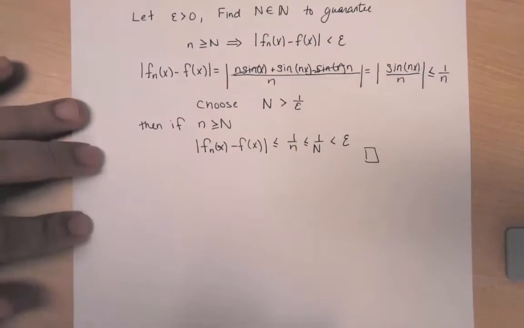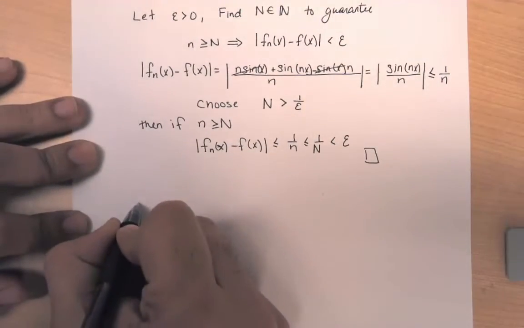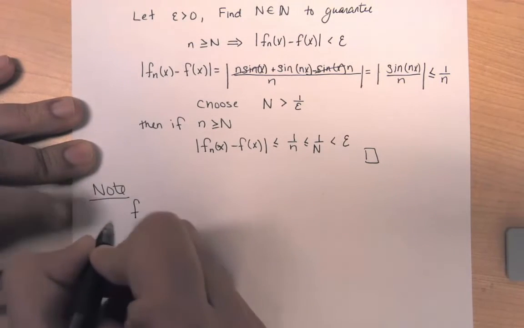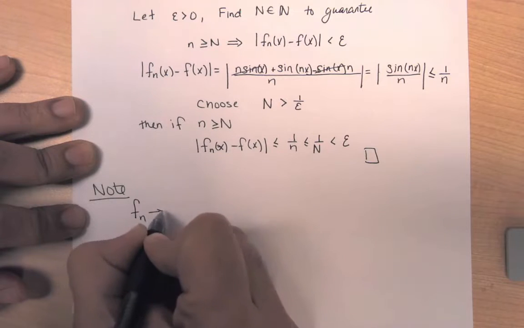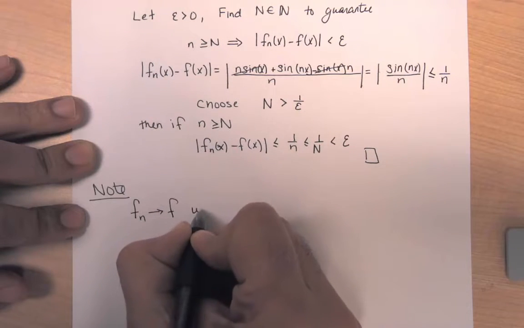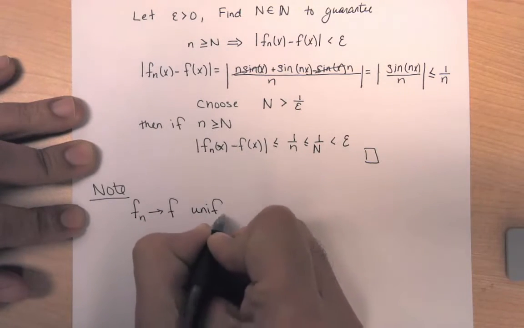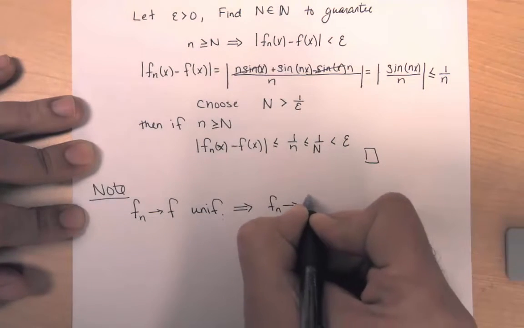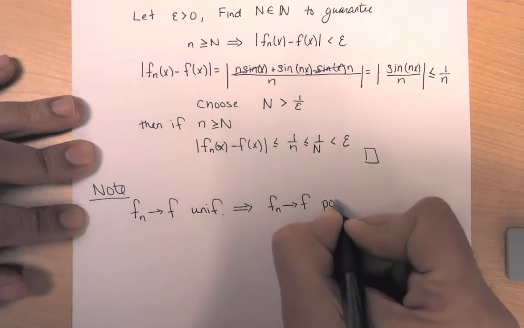Now we should point out here, we'll make a note: if f_n converges to f uniformly, that implies that f_n converges to f pointwise.